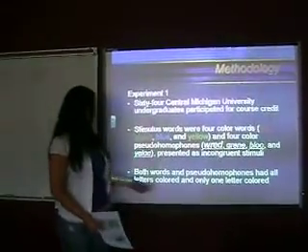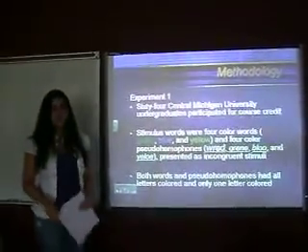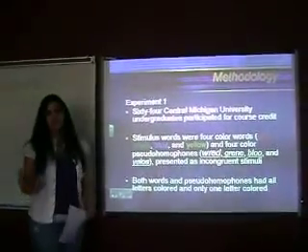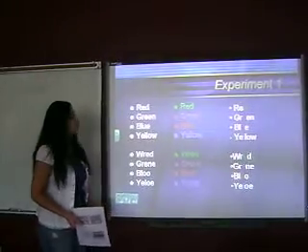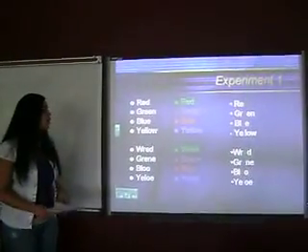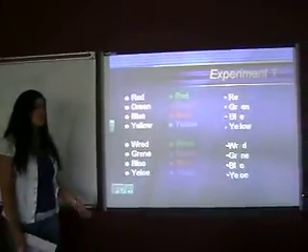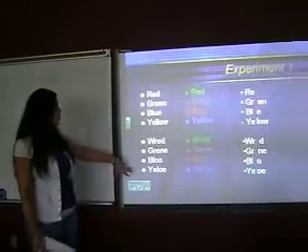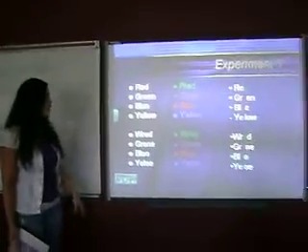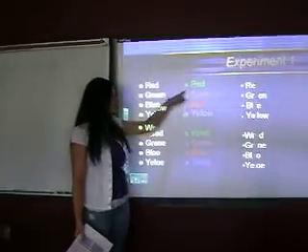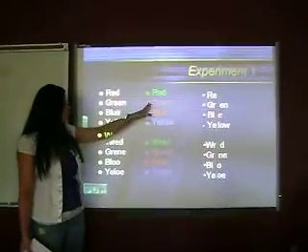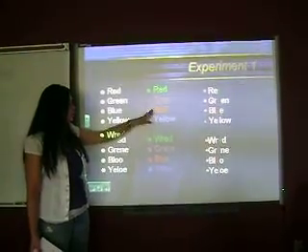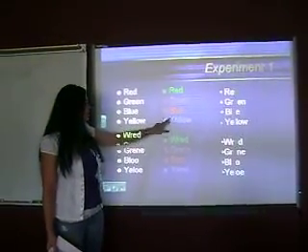Both words and pseudo-homophones had all letters colored, or only one letter colored, so they used both. This is an example of how they did it. These are the real words, and here they change the color. Red is in green ink, green in purple, blue in red, and yellow in blue.